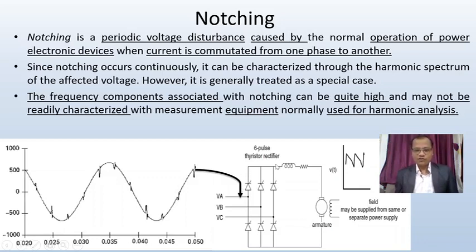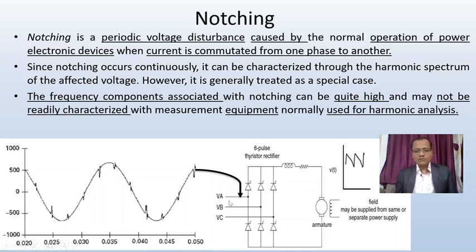As we can observe here, in this diagram of a three-phase rectifier. Suppose initially VA and VB, this particular voltage is dominant, then obviously the path of current will be from VA, this SCR, then through the armature and then through this voltage VB. Now when VAC, this line voltage, is dominant, in that case the path is VA, then this armature current, and then through VC.